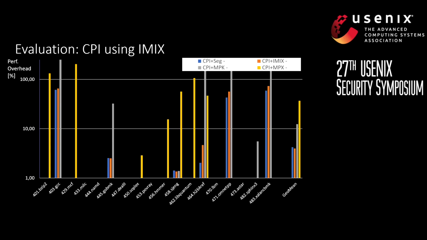We based this implementation on the approximation of the MEMS-entry paper, because during implementing this, MPK was not available in consumer variants of processors. And additionally, we evaluated MPX for CPI safe region protection for the two-sided case. So you check both bounds of the isolated region. As you can see, for the geometric mean, segmentation and IMIX are nearly identical, I would say, whereas the other solutions induce a bit more performance overhead.